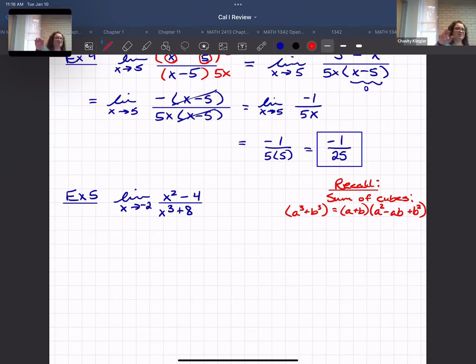So all positives except for that ab is a negative when you do the sum of cubes. And then if you run into the difference of cubes, so if you had a cubed minus b cubed, that's going to be a minus b, and then all pluses in the quadratic part: a squared plus ab plus b squared.